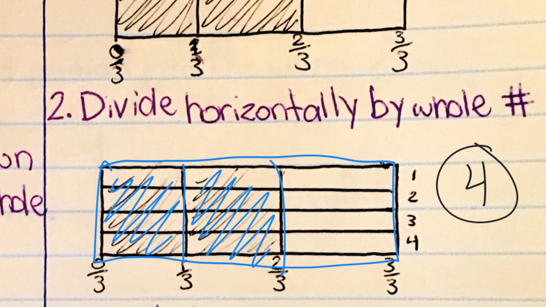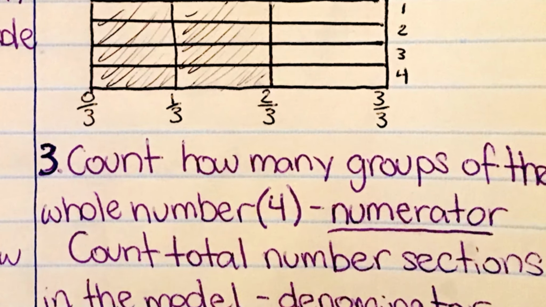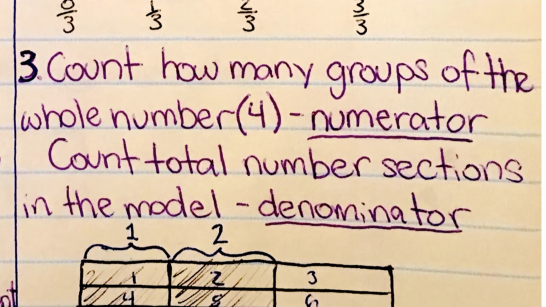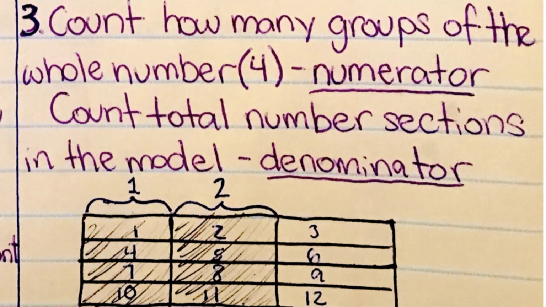So what we've done there is we've taken our 2/3, split it up into 4.